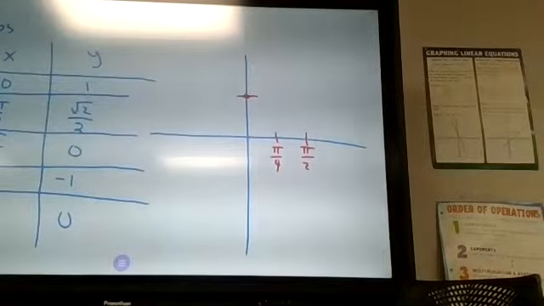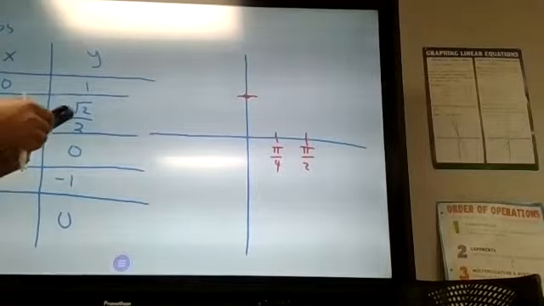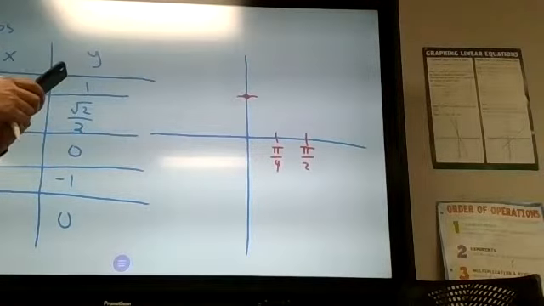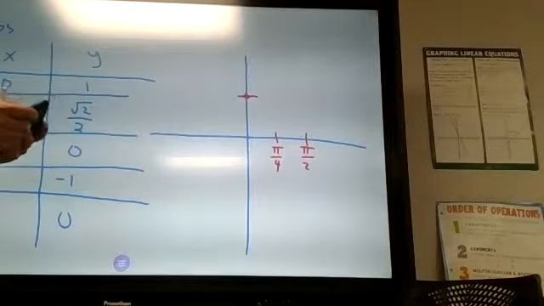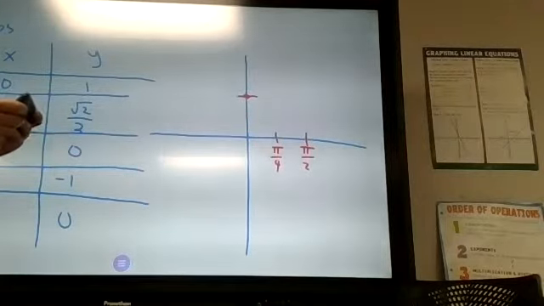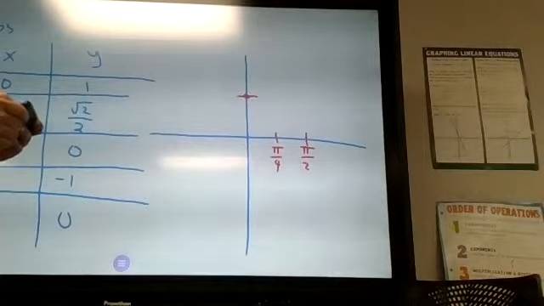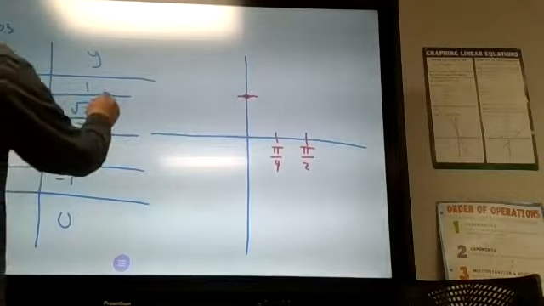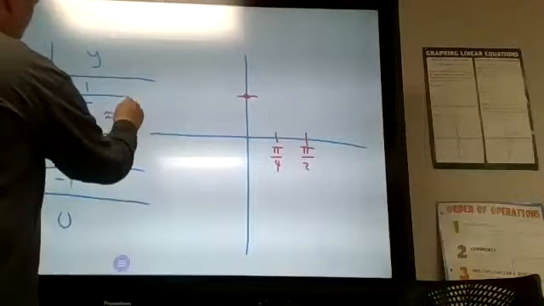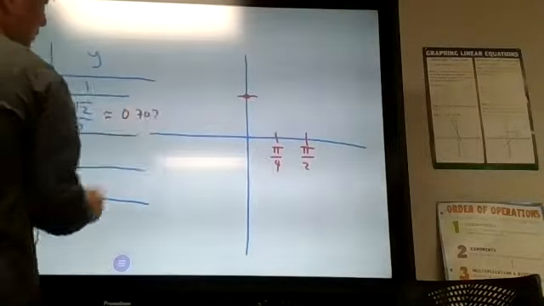All right? And so if you do root 2 over 2 on a calculator, root 2 is 1.414 divided by 2 is equal to 0.707.